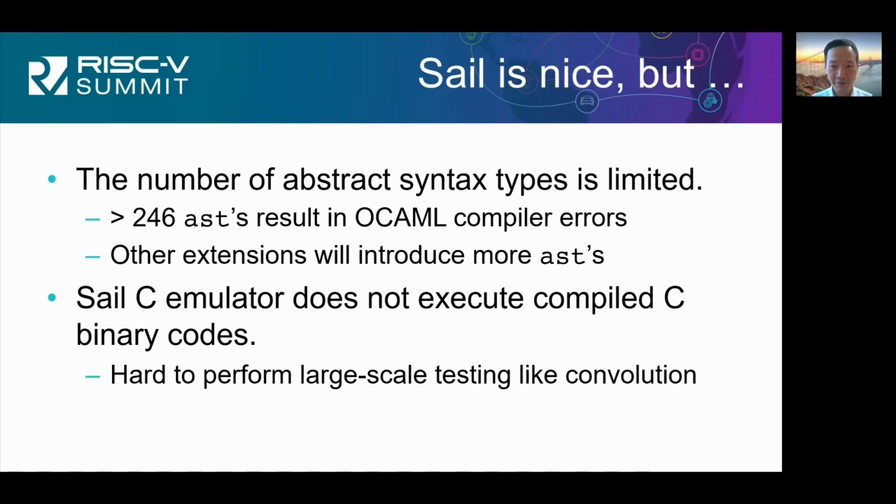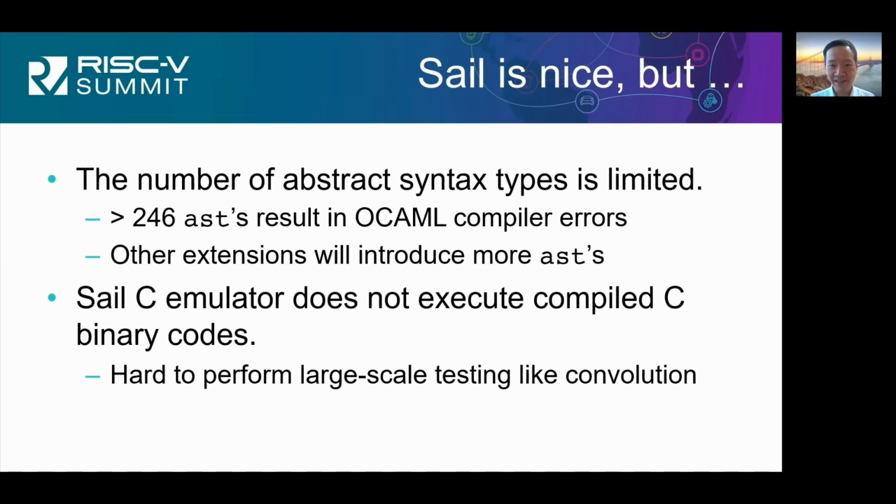the CELL specification. So actually, CELL is pretty good as far as we can see, but there's still something which could make CELL better. For example, in our early specification, we find that the number of abstract syntax types actually is limited. Okay, it's very limited. There can only be 246 abstract syntax trees. If more than that, then there's a compile error from the OCaml compiler.